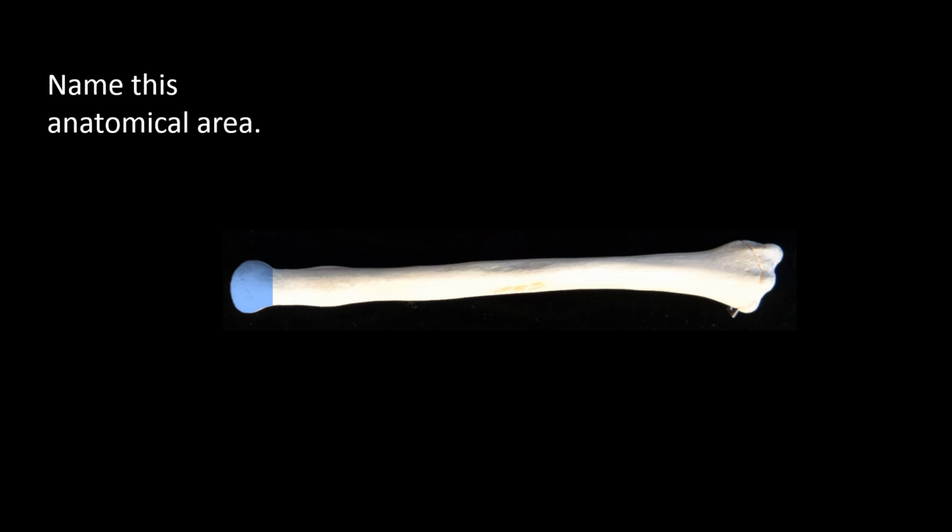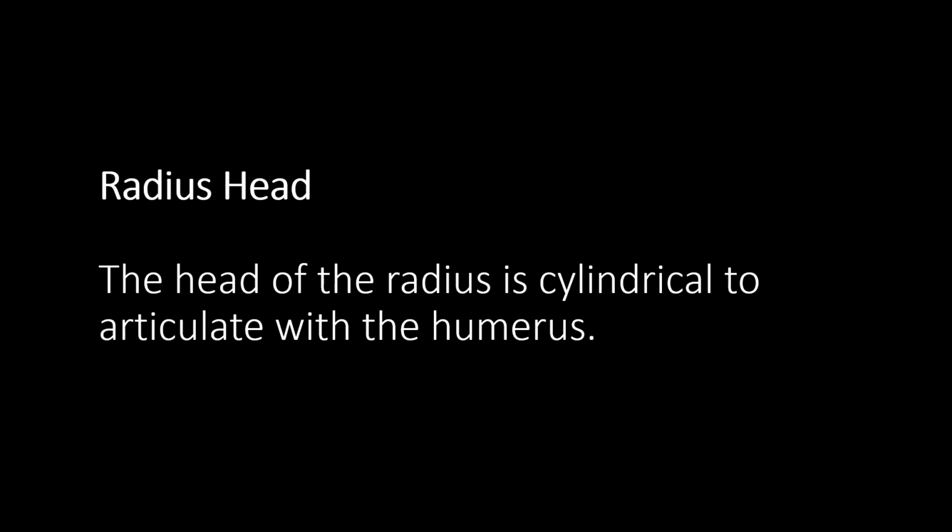Name this anatomical area. Radius head. The head of the radius is cylindrical to articulate with the humerus.